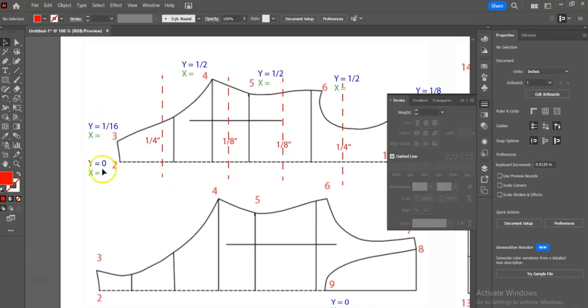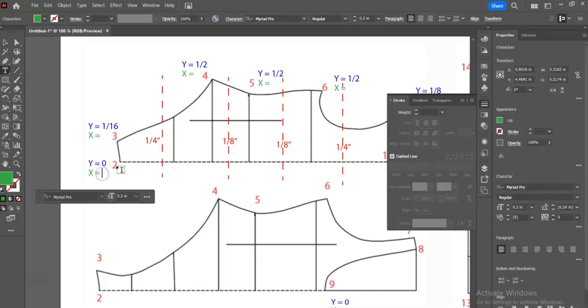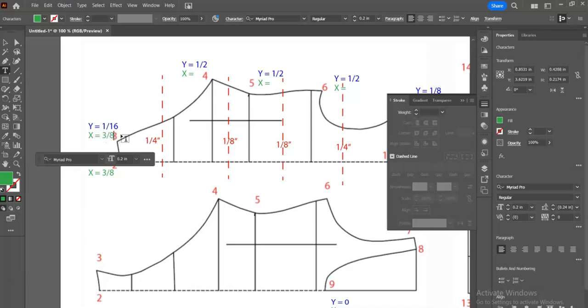So we can start assigning X rules now. For my X rule at 2 and 3, I'm going from waist seam past two slash lines. 1/8 plus 1/4 is 3/8 of an inch. Same goes here.